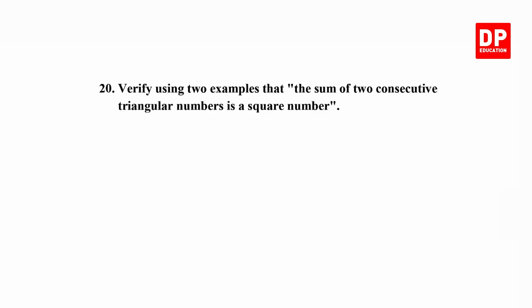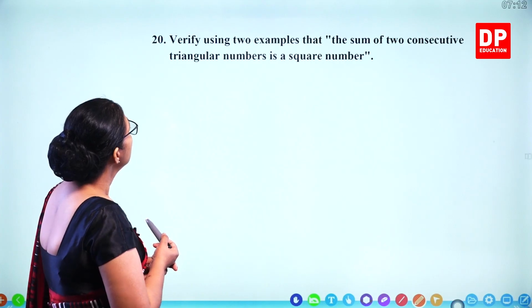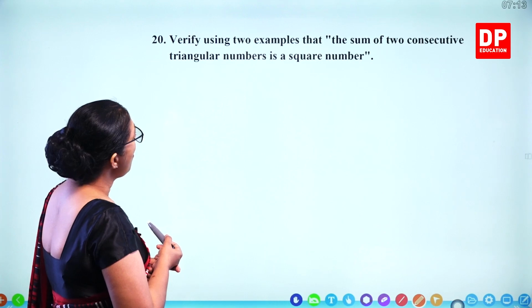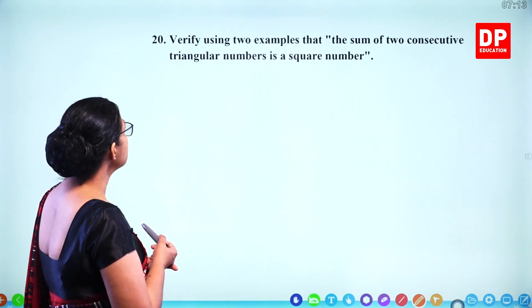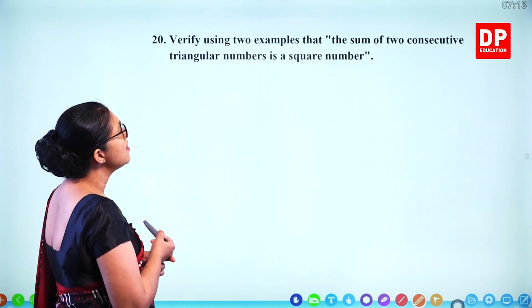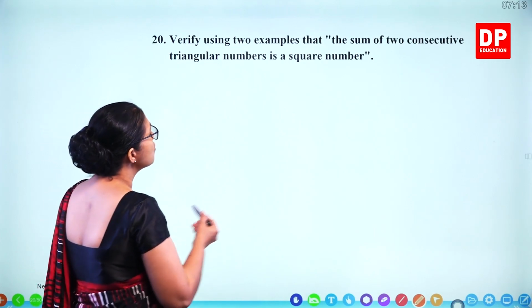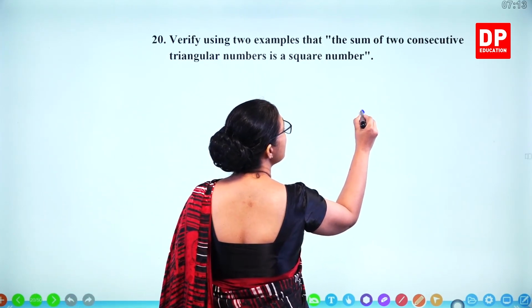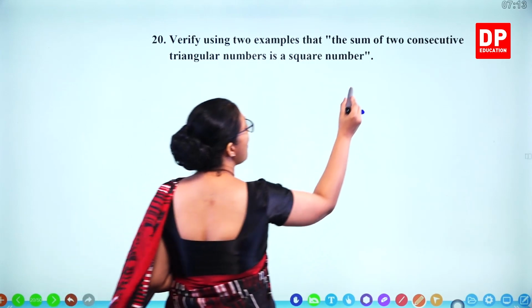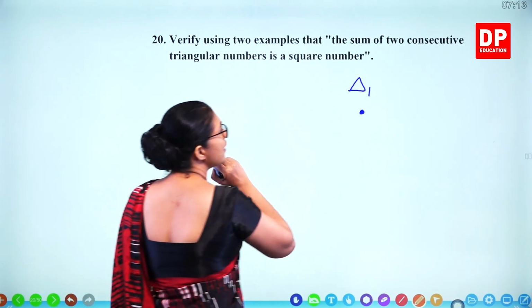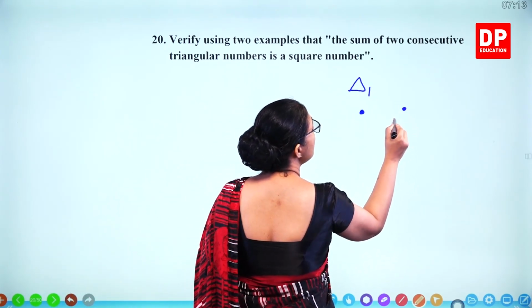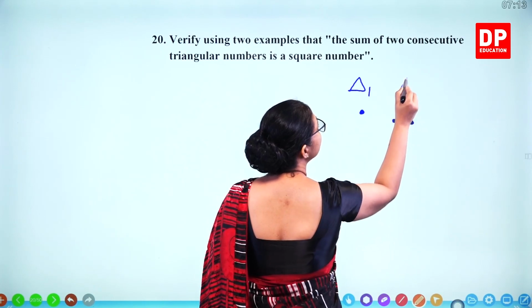This is the last question in part 1. Verify using 2 examples that the sum of 2 consecutive triangular numbers is a square number. Triangular numbers. So we'll take first triangular number. We'll write first one like this. What's the second one? That's 3.